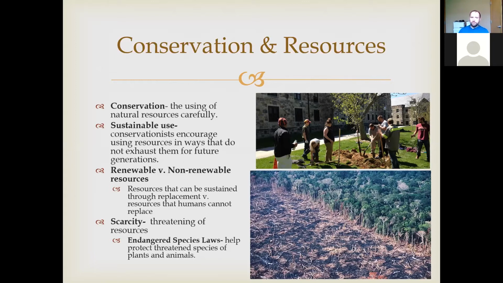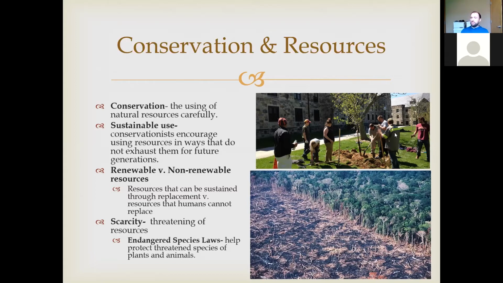So we talk about renewable versus non-renewable resources, and what does that mean? That's pretty straightforward. If something is renewable, it means it can be reused over and over again, or it's something that will never run out, right? So renewable resources are resources that can either be sustained through replacement or things that just have an infinite capacity.